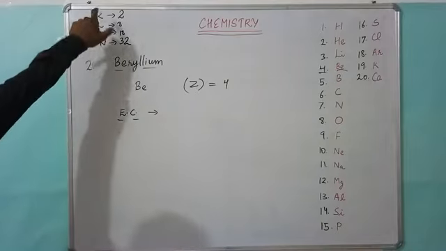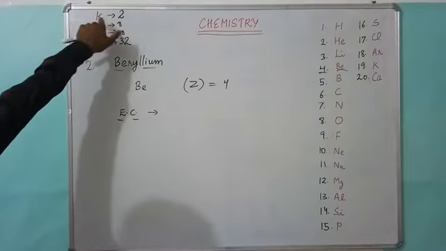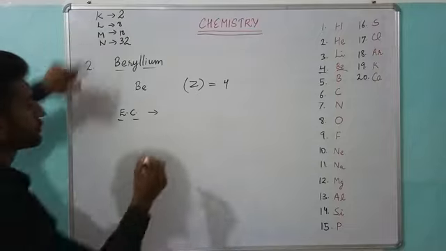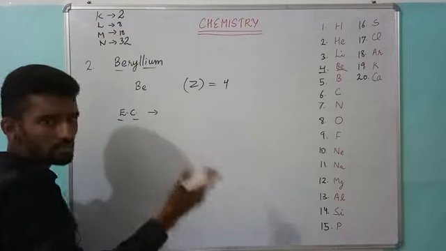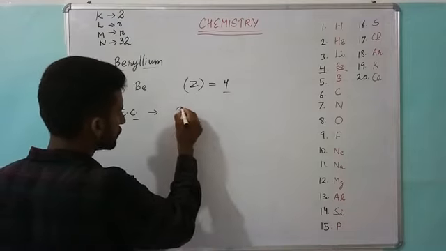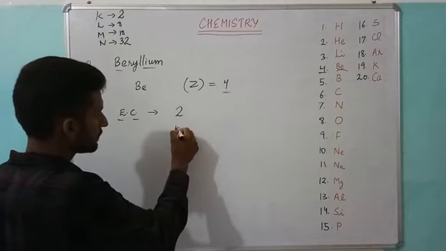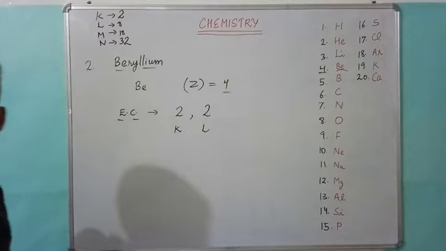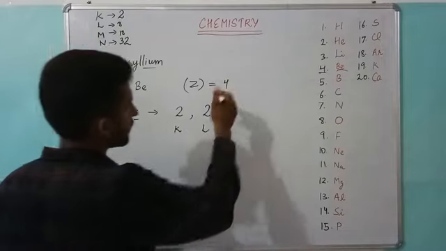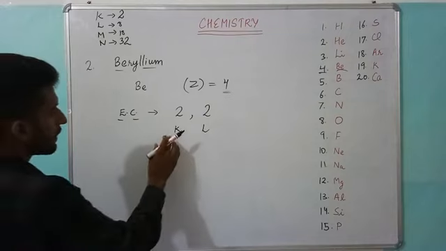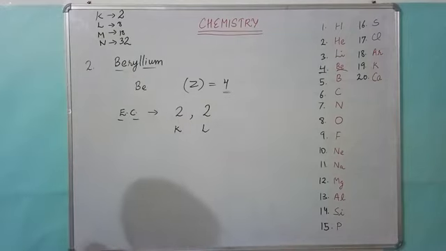Out of 4 electrons, 2 will go in the K shell, and the next 2 will go in the L shell. You have to arrange them in such an order that Bohr's rule is satisfied.